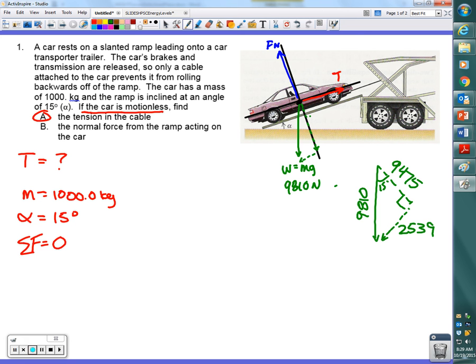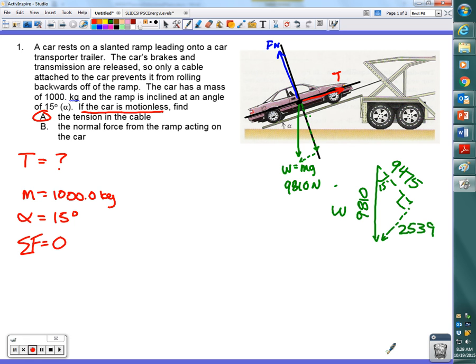All right. Does that make sense? Even though my triangle is not drawn to scale, if this angle is 15 degrees, this side of the triangle is going to be relatively small, and this side is going to be relatively big. Name-wise, we refer to this as the weight.